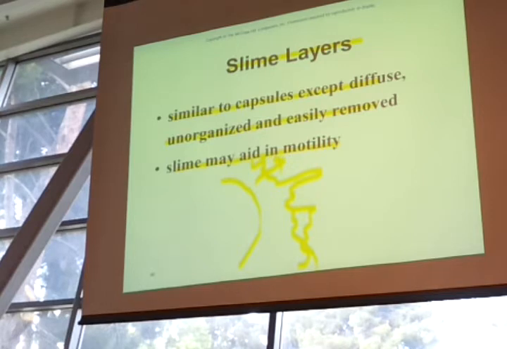And with the exceptions, because there are always exceptions, it's thought that probably almost all bacteria have some kind of slime layer. Whereas a capsule is only associated with certain bacteria, everything is going to end up with some kind of layer on the outside.